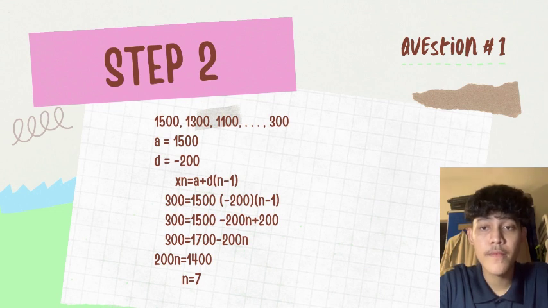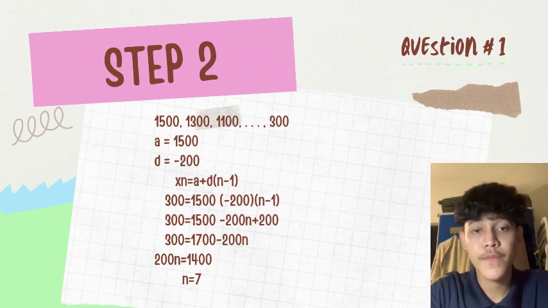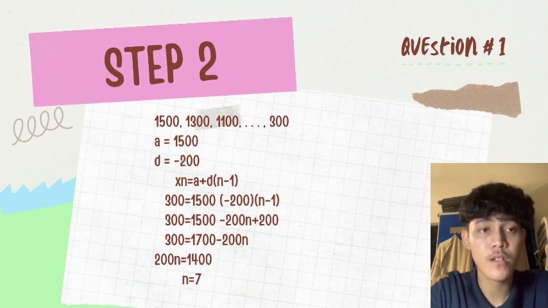Now we apply the values to the formula Sn equal to A plus D times N minus 1. After we apply the values, we get 300 equal to 1,500 plus minus 200 times N minus 1.